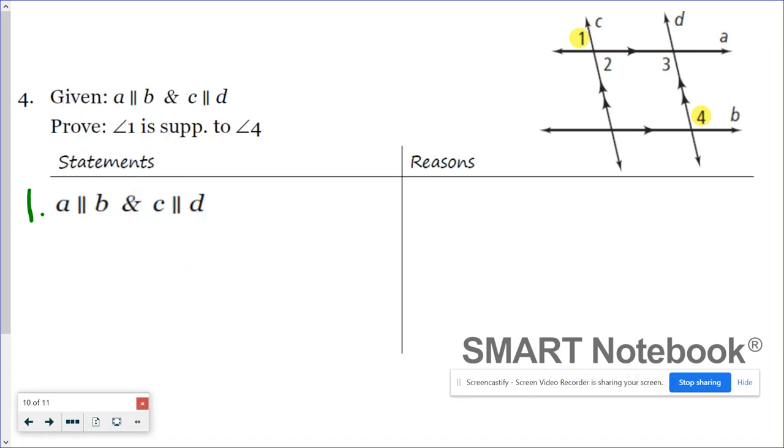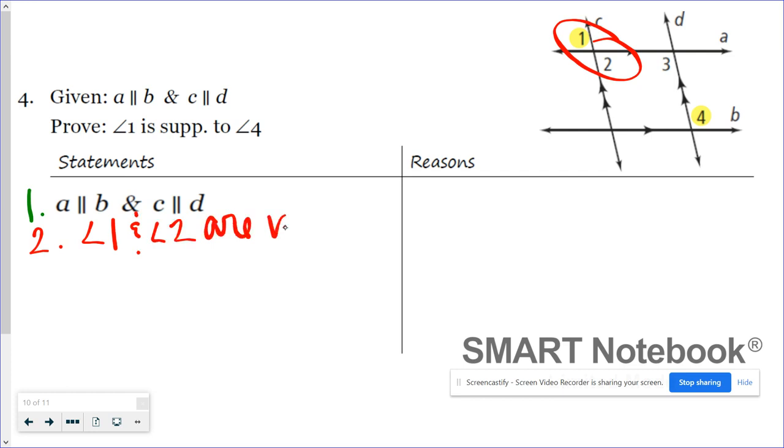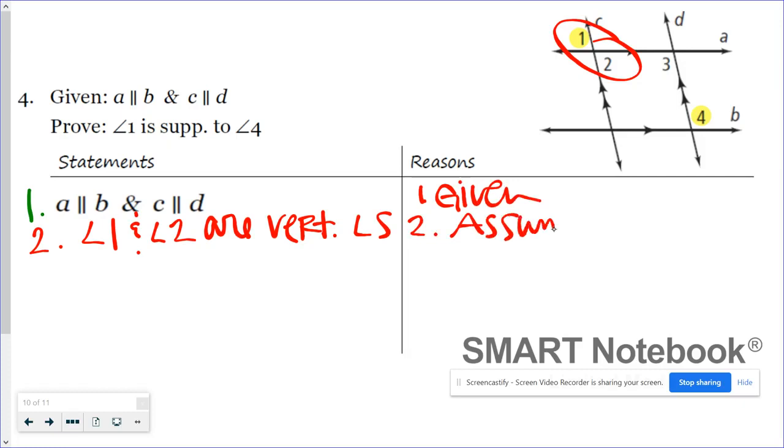Okay. So we're noticing that angles 1 and 2 are vertical angles and thus they are congruent. So let's throw this in here. So angle 1 and angle 2 are vertical angles. And the reason for that is assumed from diagram.